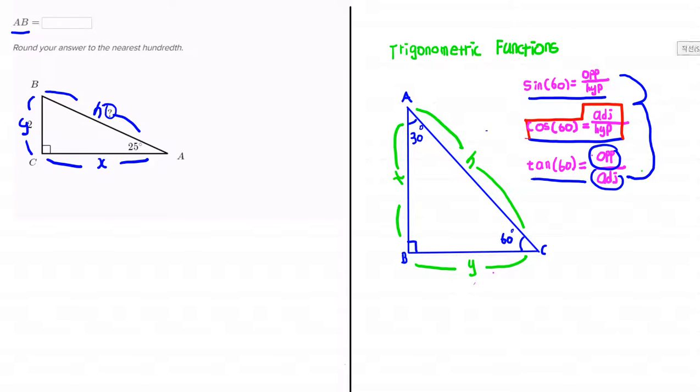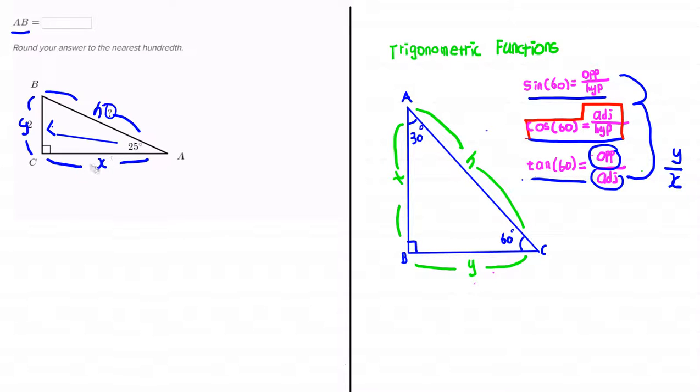So let's see the tangent first. For the tangent, it is opposite over adjacent. So from 25 degrees, the opposite side is 2, which is y. That means y over adjacent x.